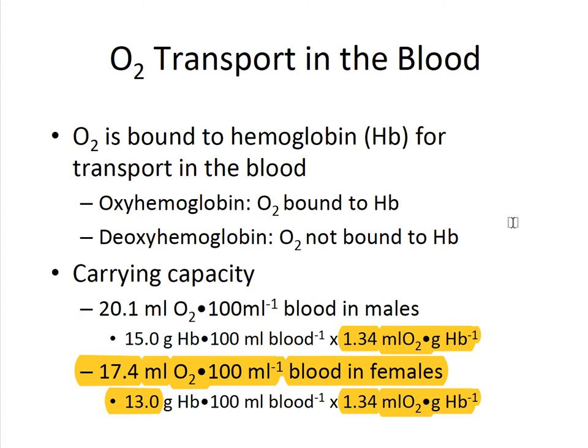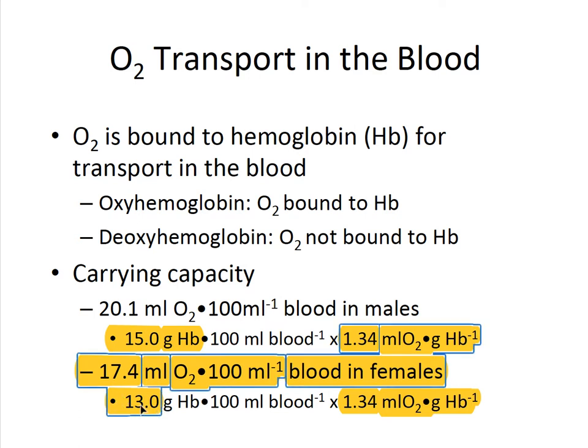And so now, what's the difference between genders, male versus female? What would be the difference with altitude training? The difference is not a difference in this constant. The difference is how much hemoglobin we have in the blood. Males, on average, have slightly more hemoglobin, on average 15 grams of hemoglobin in 100 milliliters of blood, and women are slightly less, with 13 grams of hemoglobin in 100 milliliters of blood.